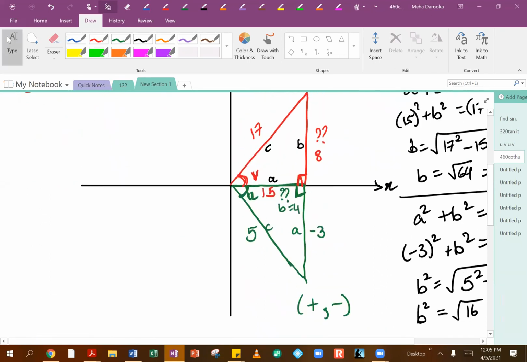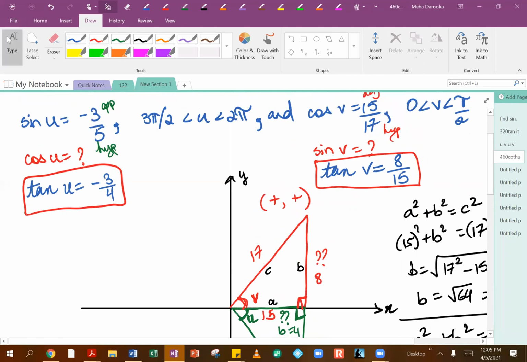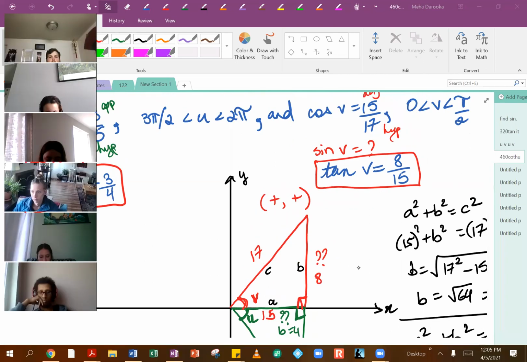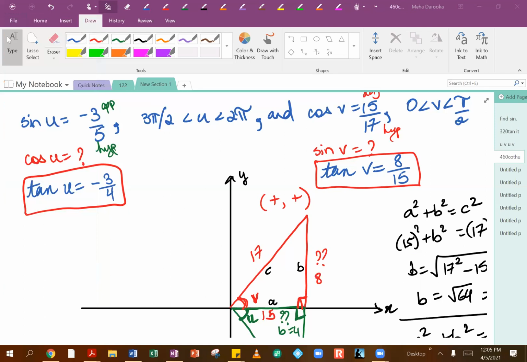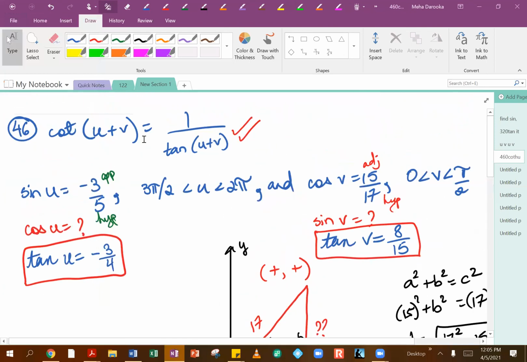But are you okay with this part that we did here, coming up with our missing values? Anybody have questions on that? Alrighty. So this was number 46.